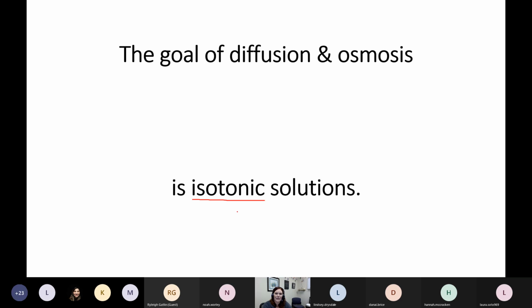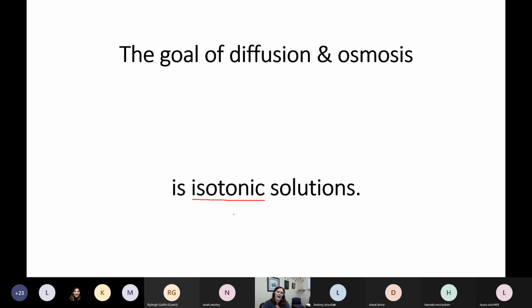Exactly. When two solutions are isotonic, they have the same amount of dissolved things. Their concentrations are the same.